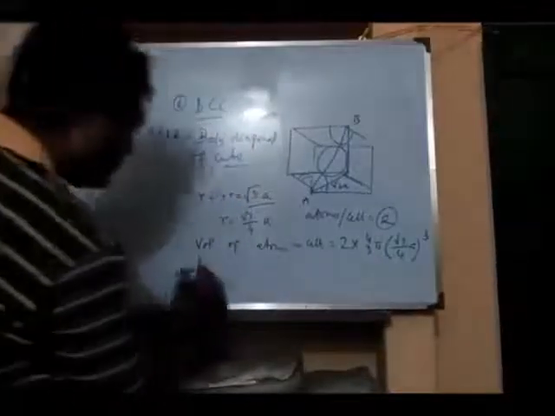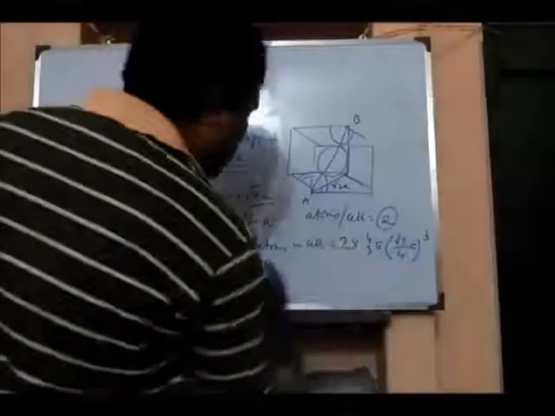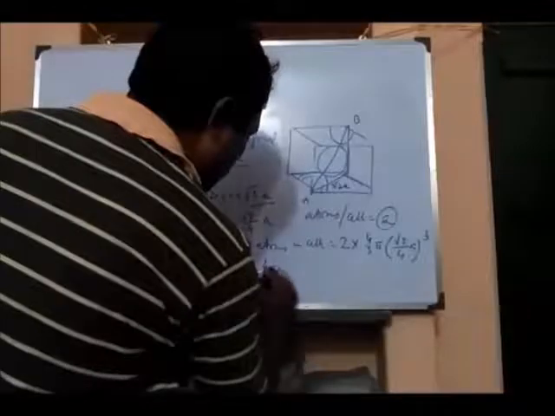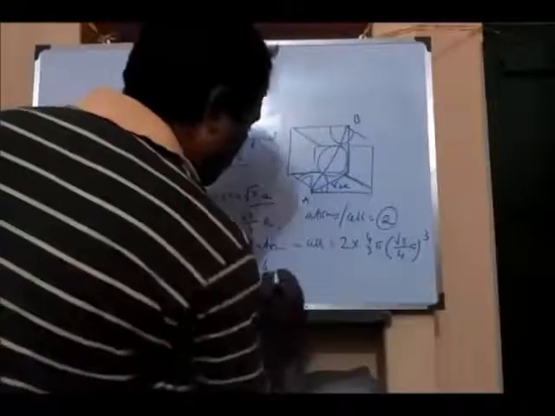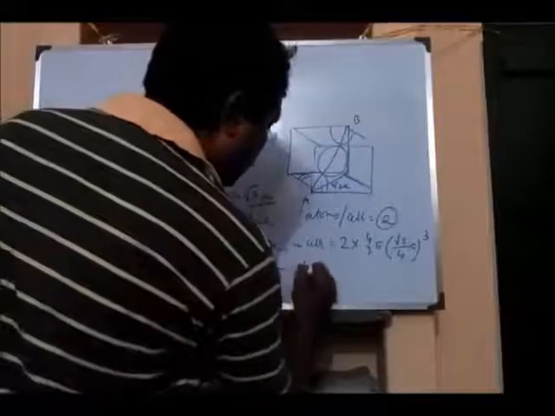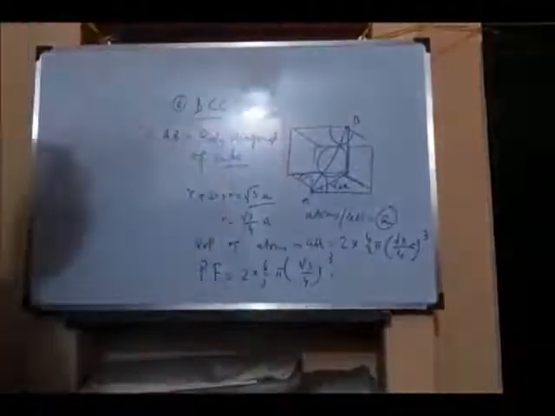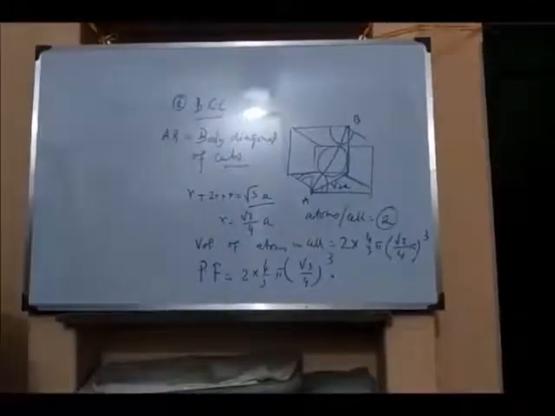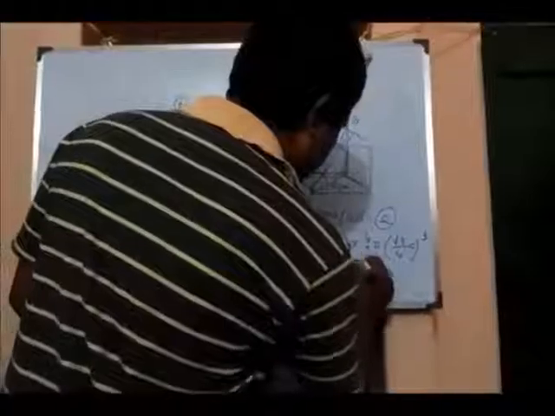So the packing factor will be 2 into 4/3 pi into root 3 by 4 cubed. Okay, so this will be pi root 3 divided by 8.